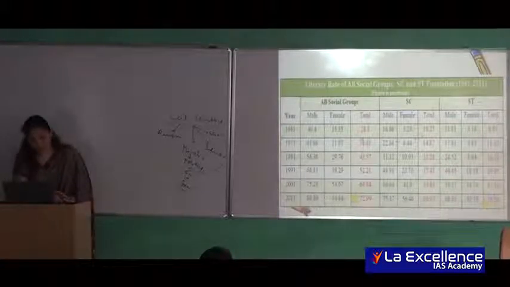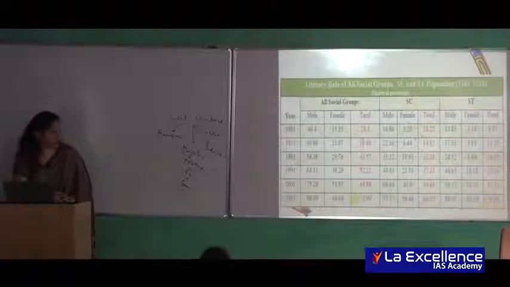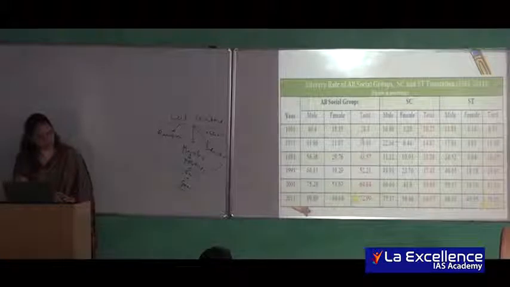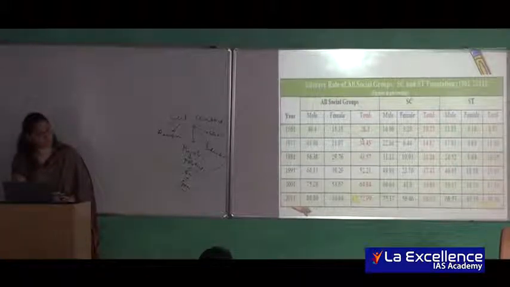But look at the female side there. This is where things are not really good, so they still have to cross that 50% margin. But if you observe where they started, a meager 8% in 1961, you can understand what it should have been in 1941 or 1951, definitely less than 5%.